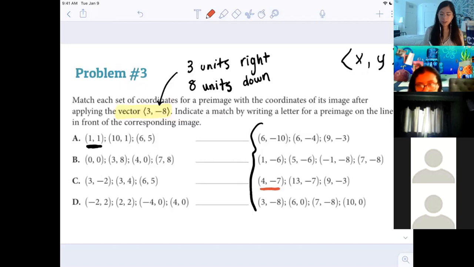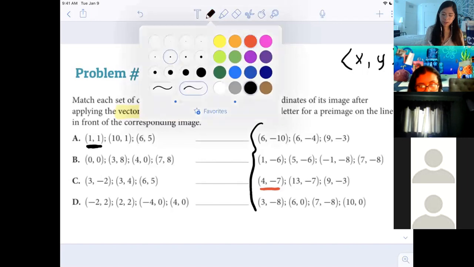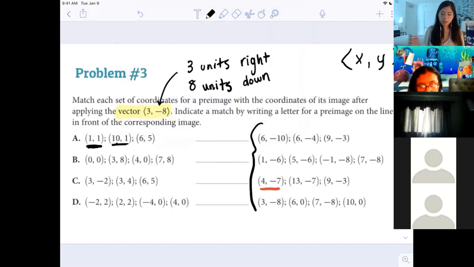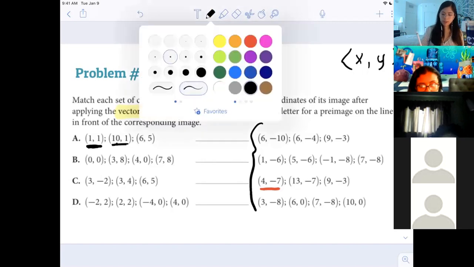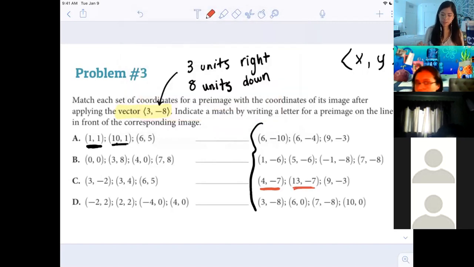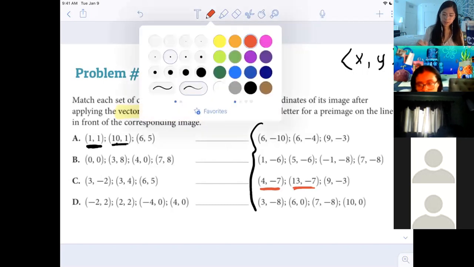Then I'm going to check the other one. So the next point would be 10 comma 1. First, I'm going to add 3 to the 10, so that should be 13. And then I'm going to subtract 8 from the 1, so that should be negative 7. And that does match up. 13 and negative 7. Same thing to the last one.